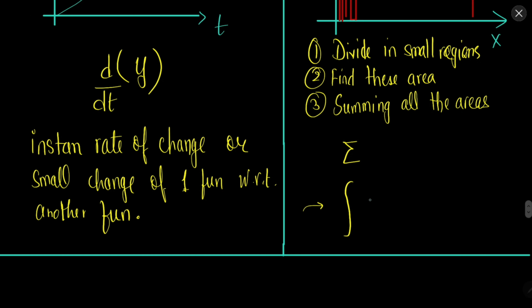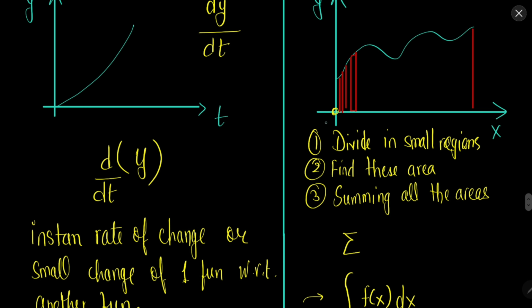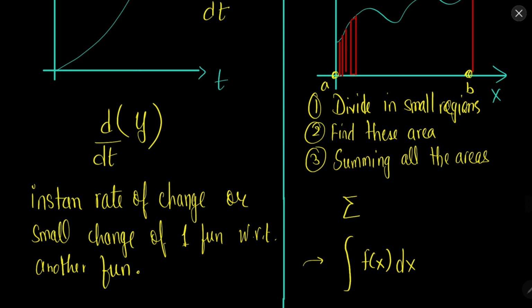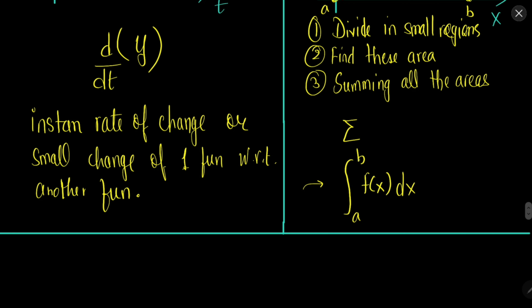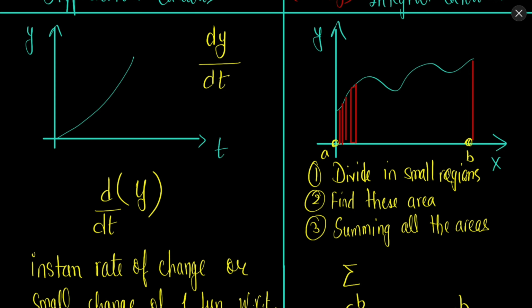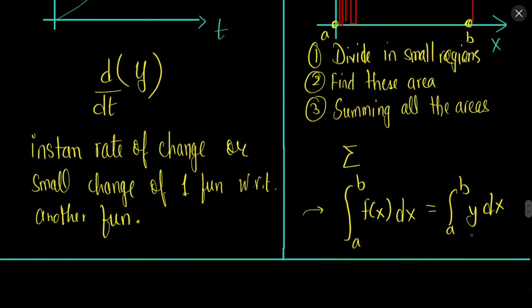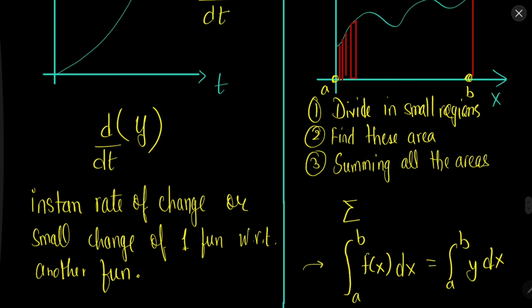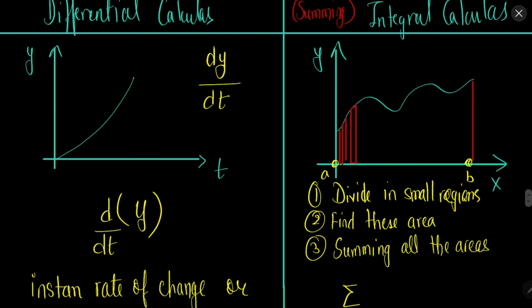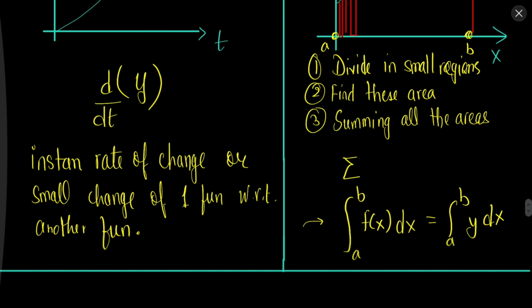I can write it like this: integration of y dx from point A to point B. So we are finding the integration of y with respect to x. We are adding the y values with respect to x. So this is integration.